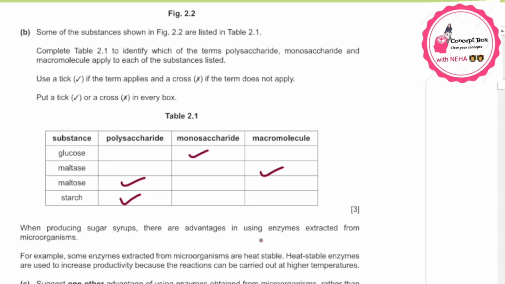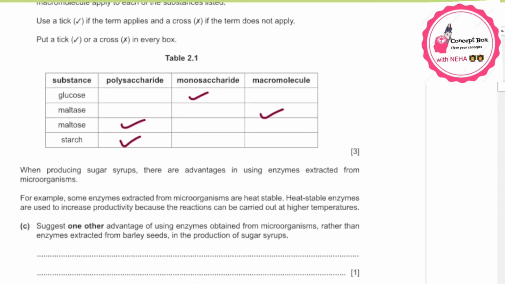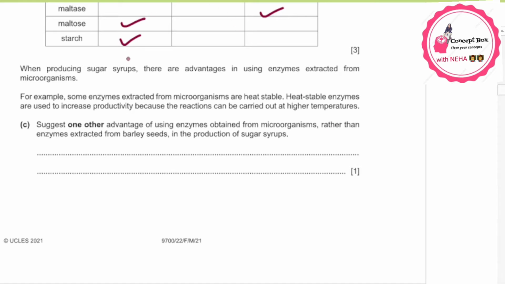When producing sugar syrup, there are advantages in using enzymes extracted from microorganisms. For example, some enzymes. So don't focus on this. The question is: suggest one other advantage of using enzymes obtained from microorganisms rather than enzymes extracted from barley seeds. You have to write the advantages of producing enzymes from microorganisms rather than the plant.